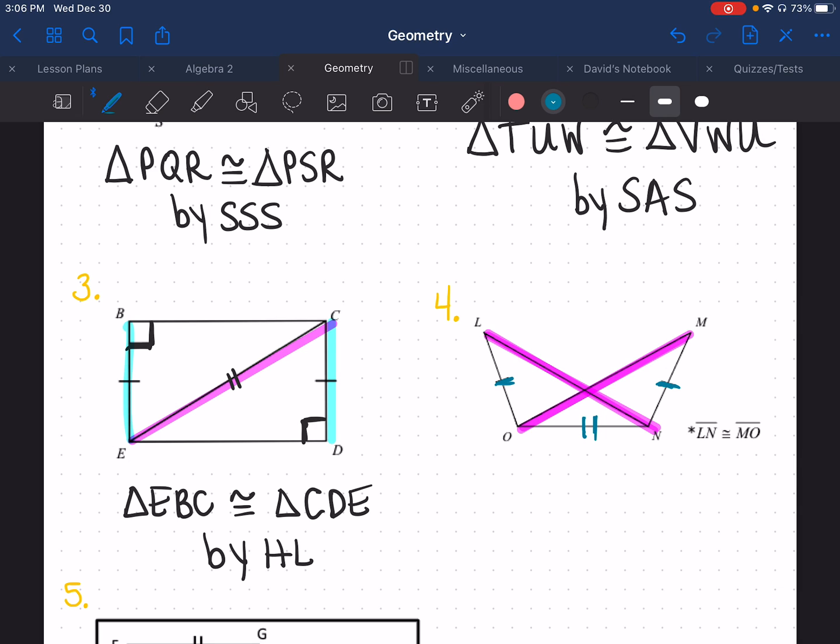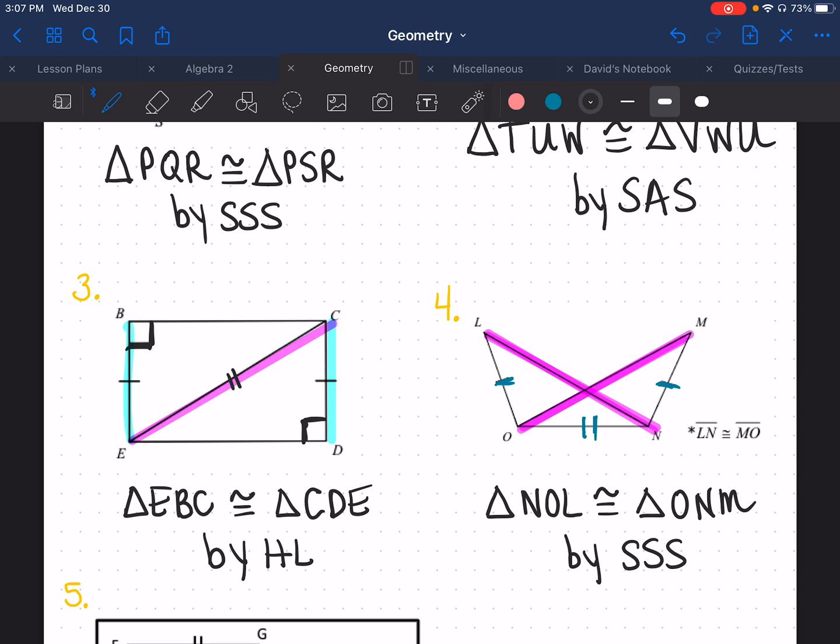So I can go ahead and say, oops, I didn't want that color. I can go ahead and say triangle NOL is congruent to triangle ONM by side, side, side.